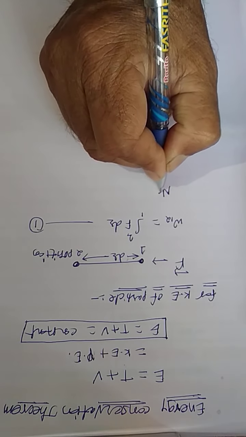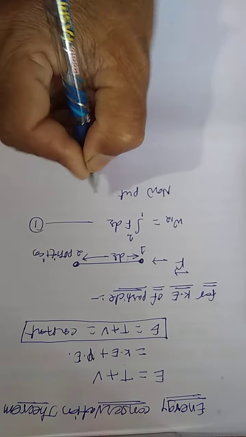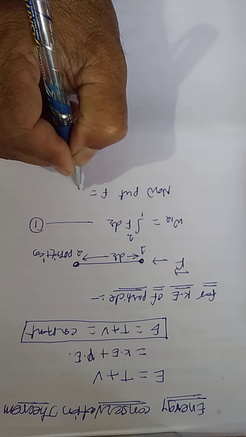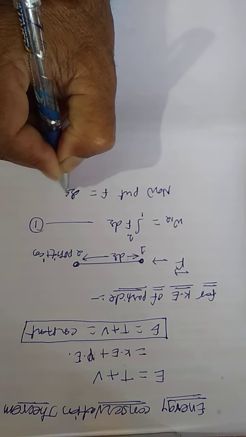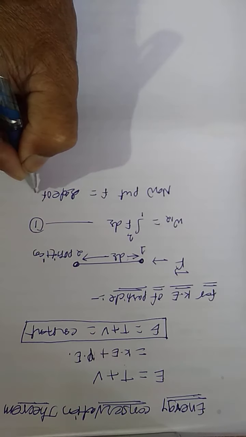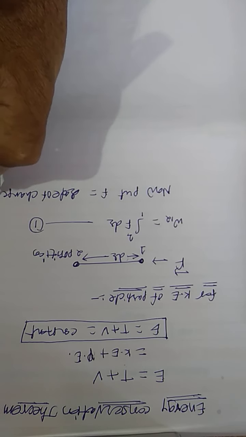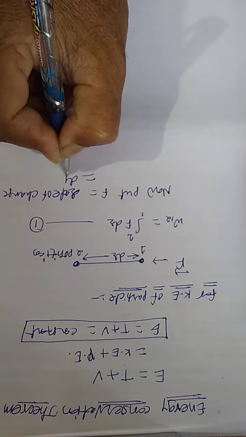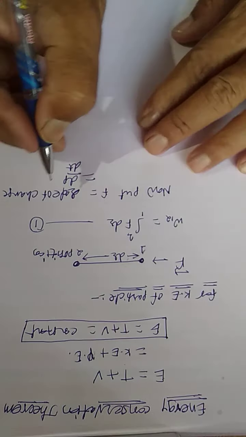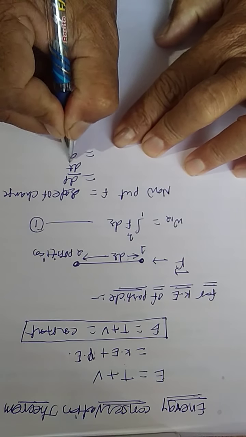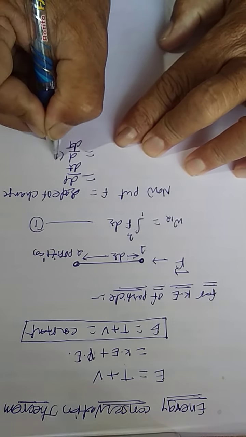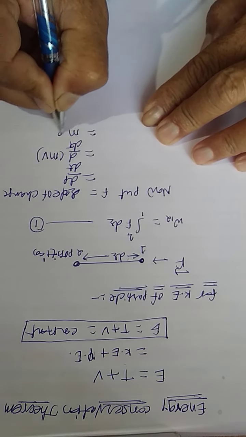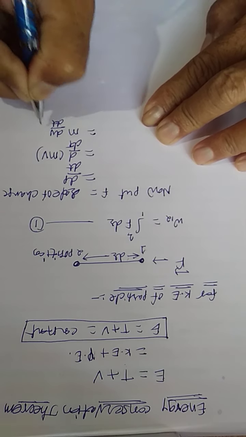Now put F equal to the rate of change of momentum, that is dP by dt. But P is the linear momentum, so d by dt of P, the product of mass and velocity, is equal to m into dV by dt.